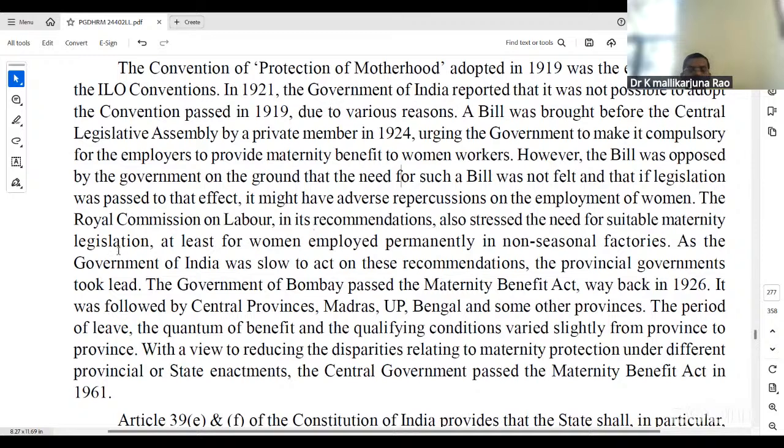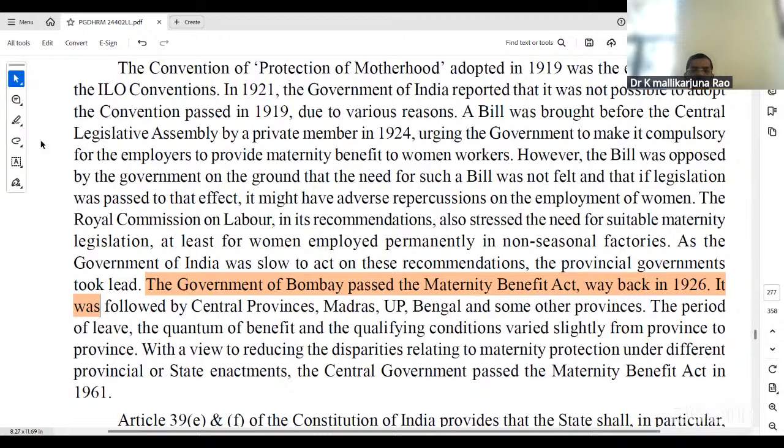The state government of Bombay passed the bill in 1926, before the Indian government. It was followed by other provinces like Madras, UP, Bengal, and others. The period of leave, the quantum of benefits, and the qualifying conditions varied slightly from province to province. So from the Bombay province to the Madras province there may be a little difference.